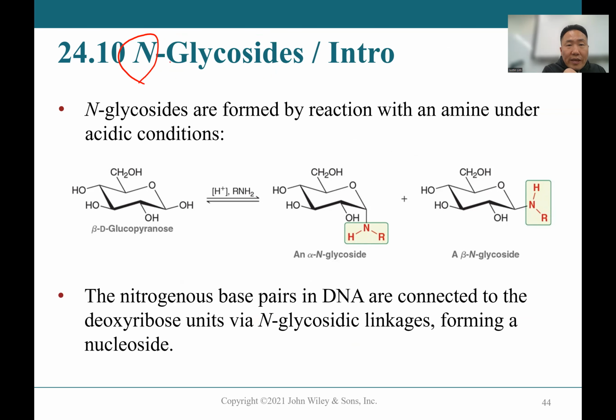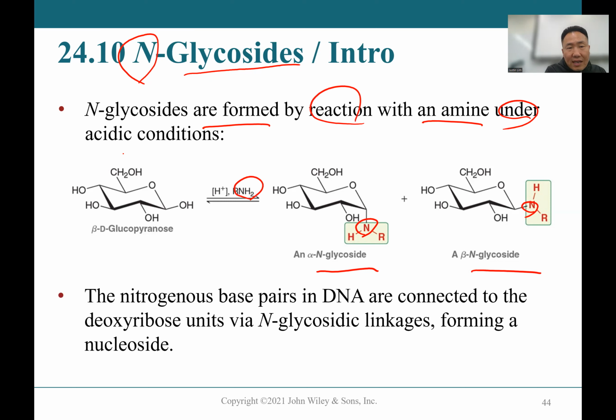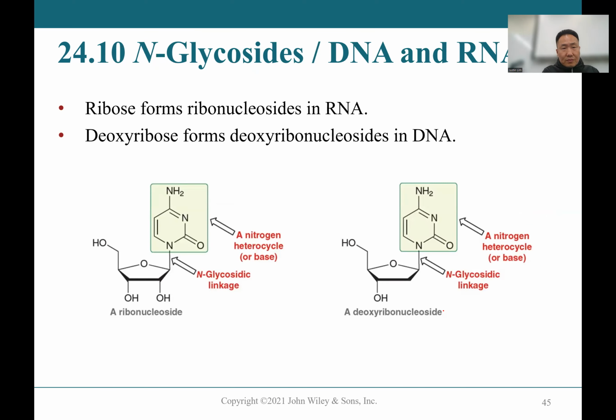Next, let's look at N-glycosides. N-glycosides are formed by reaction with an amine under acid conditions. So nitrogenous bases in DNA are connected to the deoxyribose unit via an N-glycosidic linkage, forming a nucleoside. Ribose forms ribonucleosides in RNA.